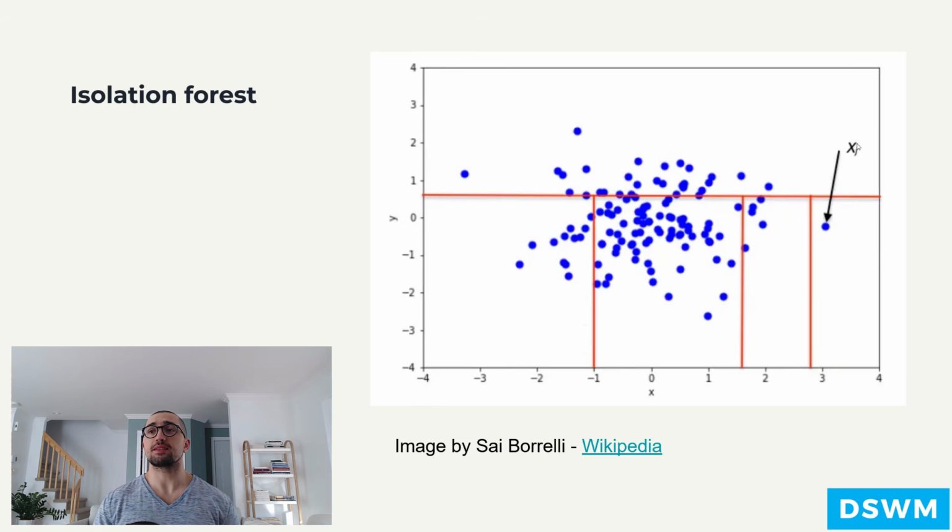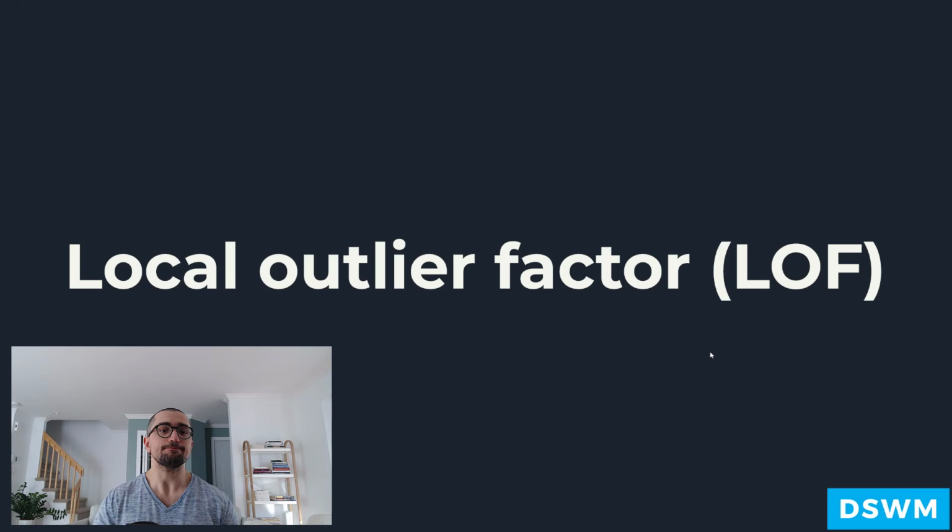However, when you take a look at this point here, xj, in this case, it only required 4 partitions to isolate it completely. So in this case, this point xj is likely to be an outlier because very few partitions were necessary in order to isolate it completely from the rest. So that is really all there is to it about isolation forest. As you can see, very simple, very intuitive.